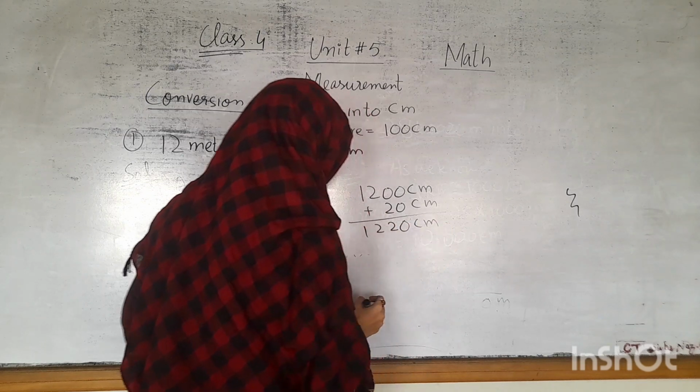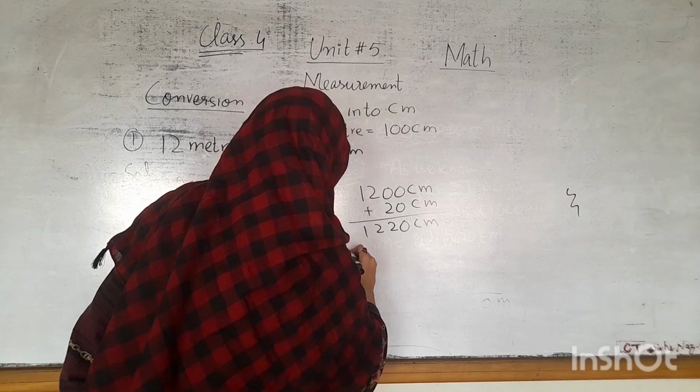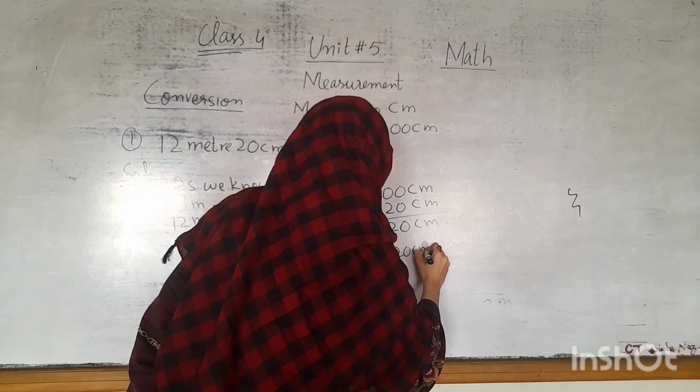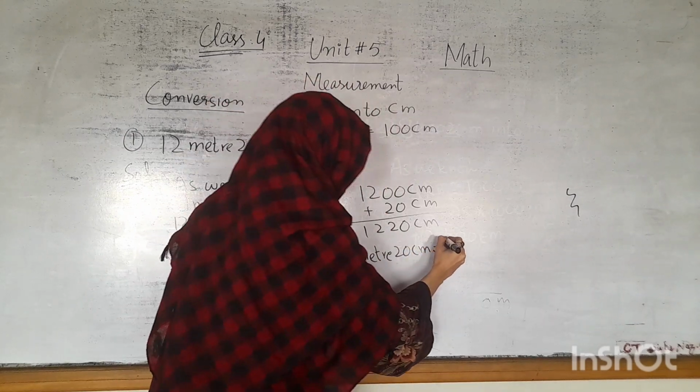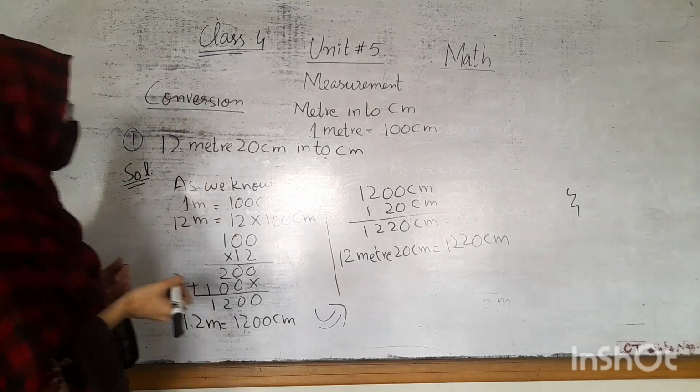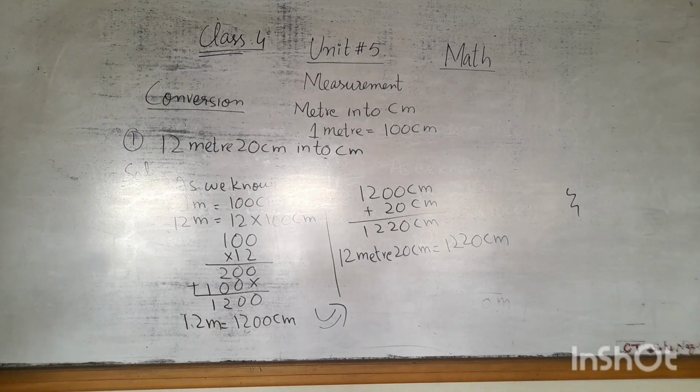After adding, we have 12 meter 20 centimeter is equal to 1220 centimeter. So this is a method how to convert meter into centimeter.